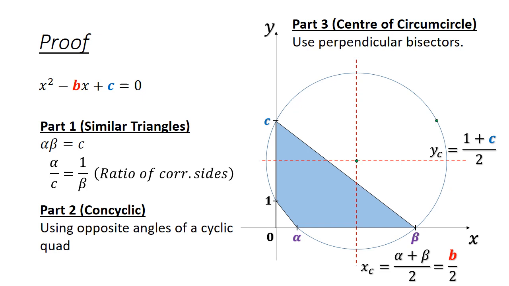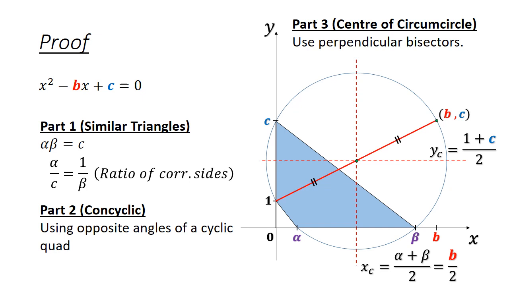This gives us the coordinate of the center of the circumcircle. Now, using the center of the circumcircle as the midpoint, we can find the two ends of the diameter. One end will be (0, 1), the second end would be (b, c). This concludes the proof that these 5 points lie on the circumcircle.